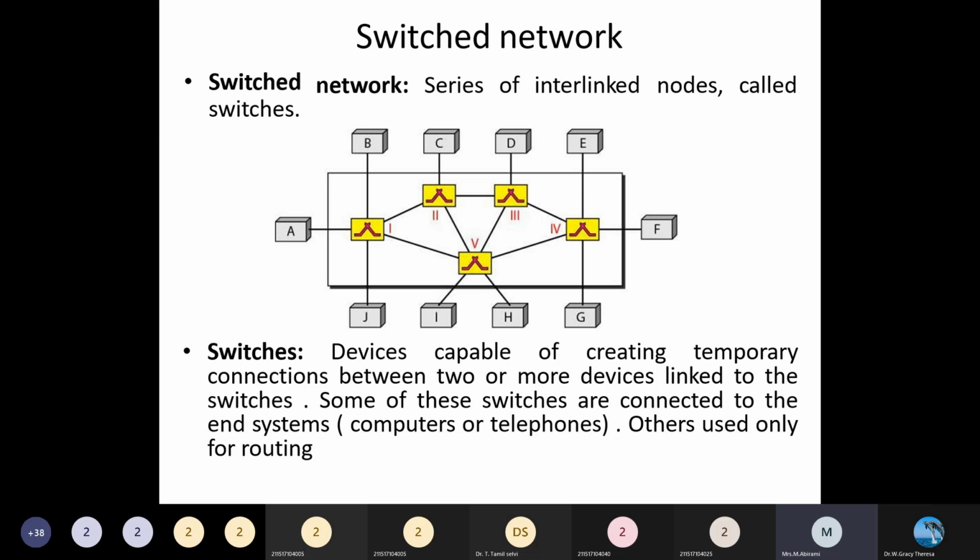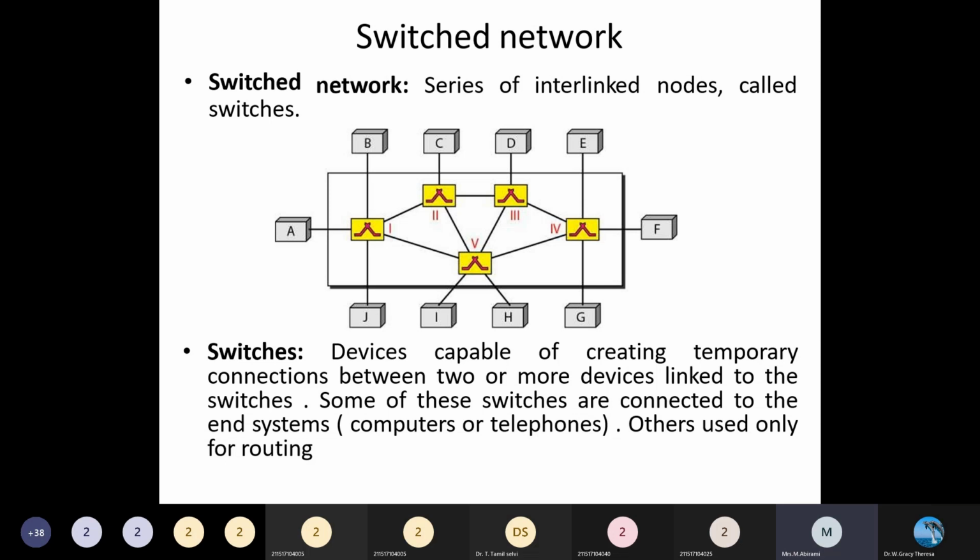So that is how fixed data can be transferred at a time using switching technology. Only devices can connect and establish the connections between two or more devices. Able to understand? Okay. This is the basic principle of a switched network.